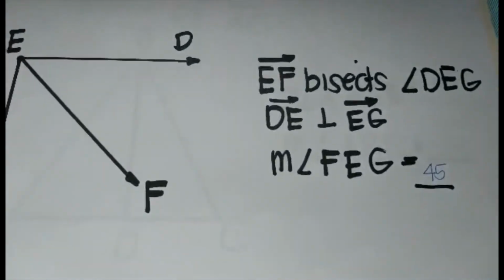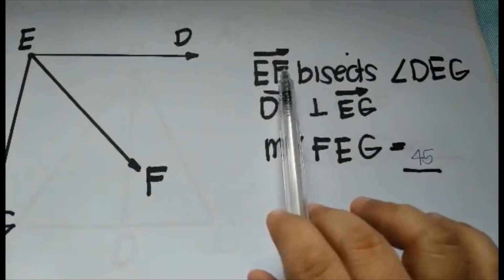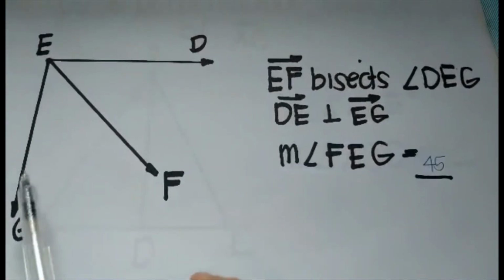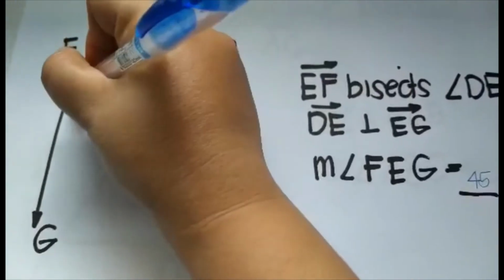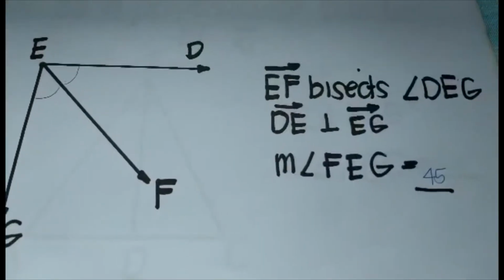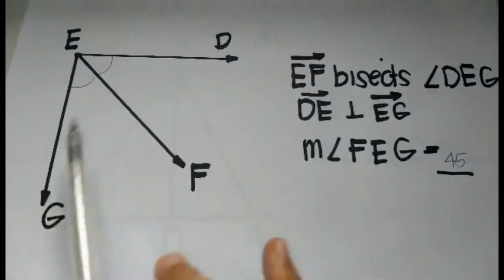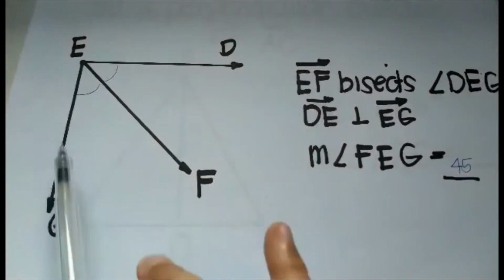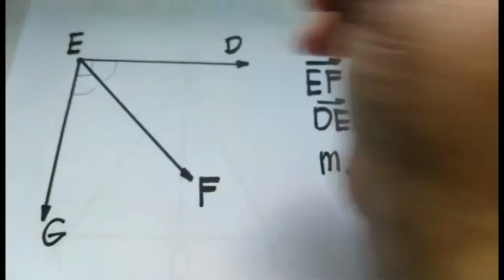Next figure, number 2. We have there ray EF bisects angle DEG. Meaning these two angles are congruent because it is bisected by ray EF. At the same time, DE is perpendicular to EG, so they form a right angle.